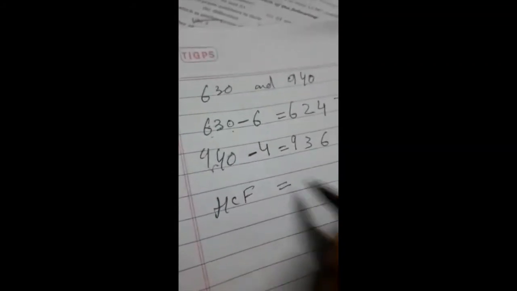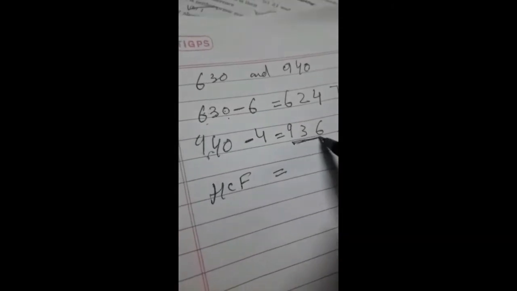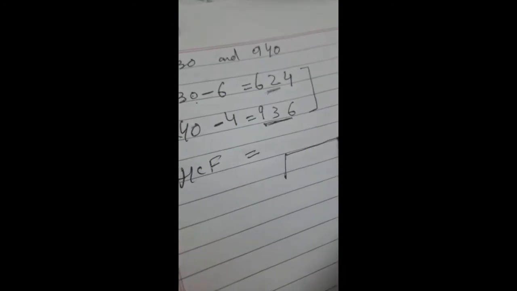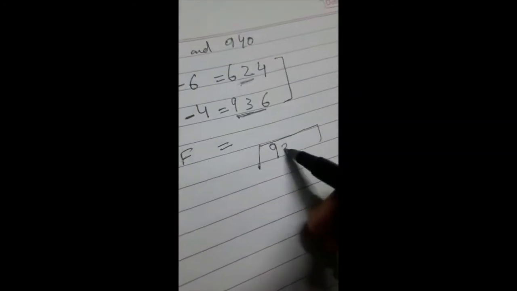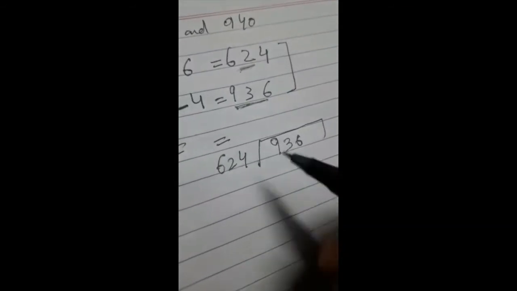Okay, now find the HCF. What is the rule of the HCF? The big number is the dividend and the smaller one is the divisor. Now divide it. 936 divided by 624.